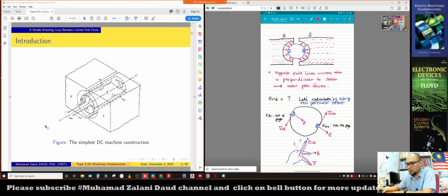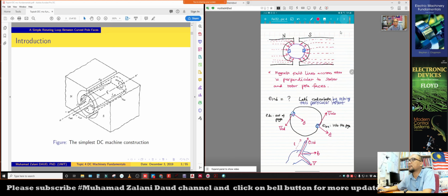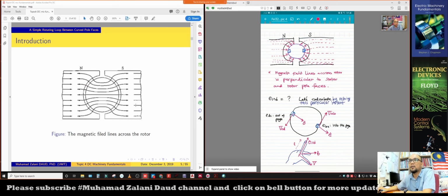For example, if I put my eyes over here, what I can see from the back is something like this: the north pole and the south pole, and the rotor with the wire loop. The flux will flow from north to south.